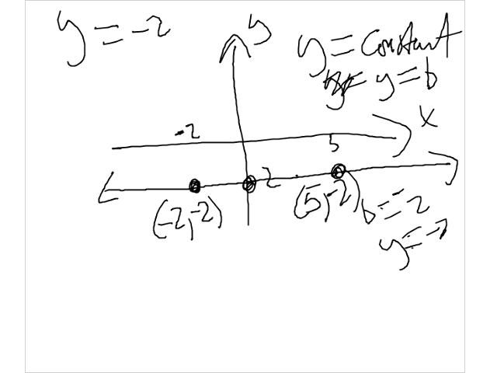Here of course would be x is equal to 0 and y equals negative 2. Anywhere that we touch on this line, the y-coordinate is going to be negative 2. The x-coordinate will change. Here we saw the x-coordinate is negative 2. Here we saw the x-coordinate of the ordered pair is 0. And here we saw the x-coordinate of the ordered pair is 5.